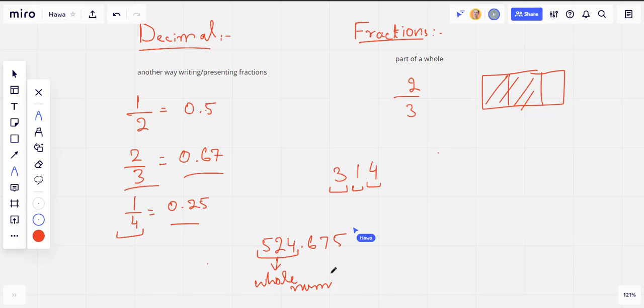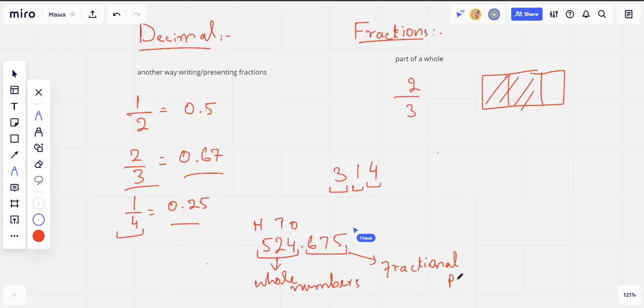And then we have the places called ones, tens and hundreds, and to the right of the decimal point, that part is called the fractional part.